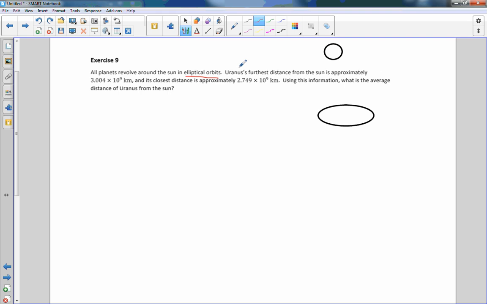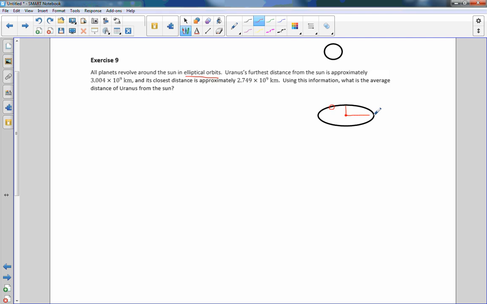So what they're saying is Uranus, furthest distance from the sun. So we have the sun right here. And we have this planet orbiting around. So if the planet is here, then that's as close as it's ever going to get to the sun.